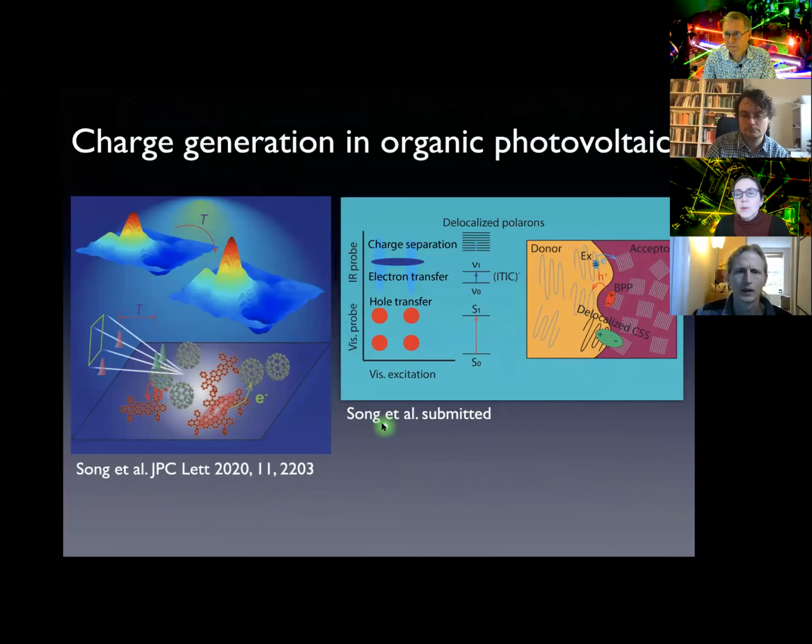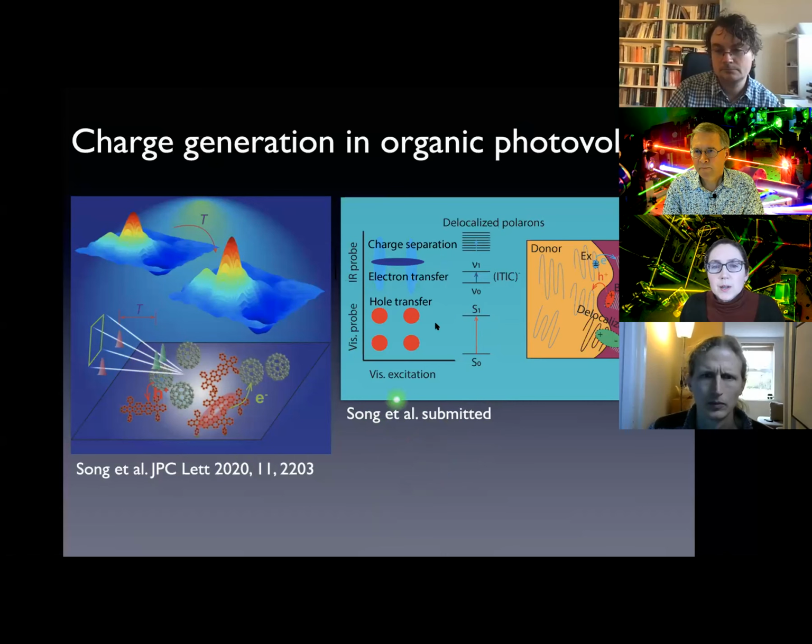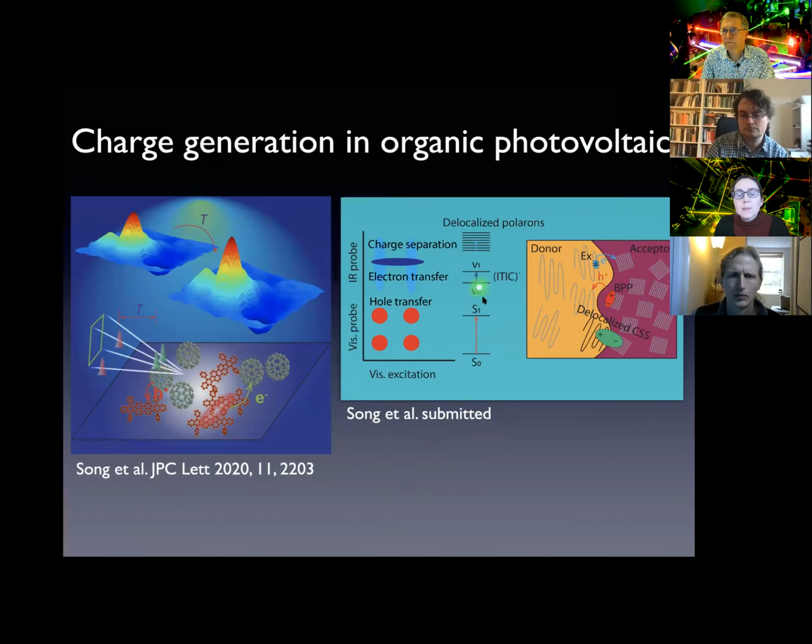Also, I'm going to talk about our work in natural photosynthetic systems, specifically reaction centers, today, but we've also been applying 2D spectroscopy more recently to look at charge generation in organic photovoltaic materials. In particular, we've been doing some work combining 2D electronic spectroscopy with infrared probing, so 2D EV methods as well, in a paper that I hope will be out soon.